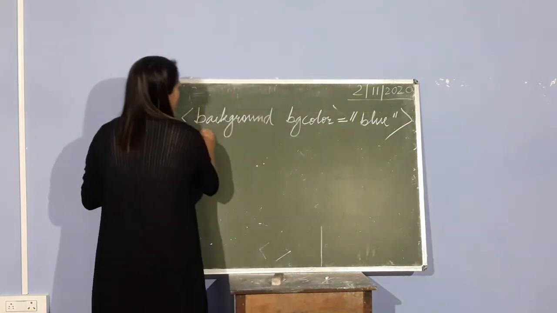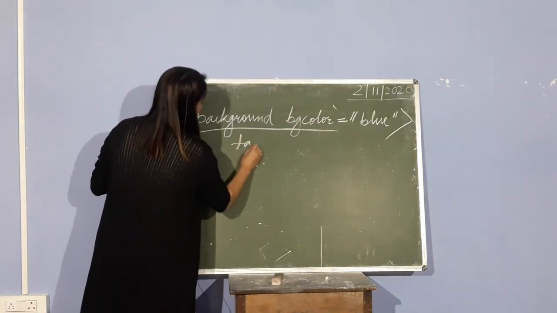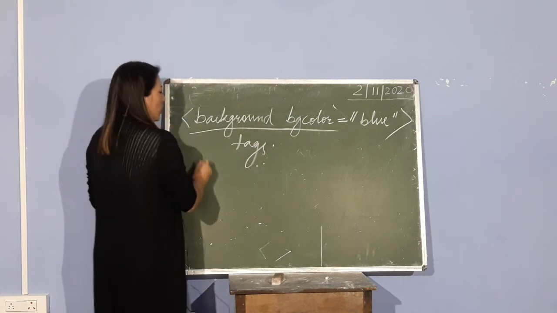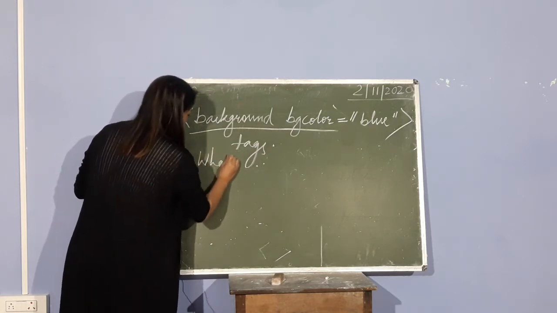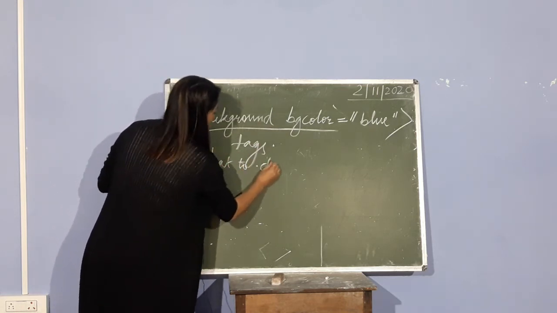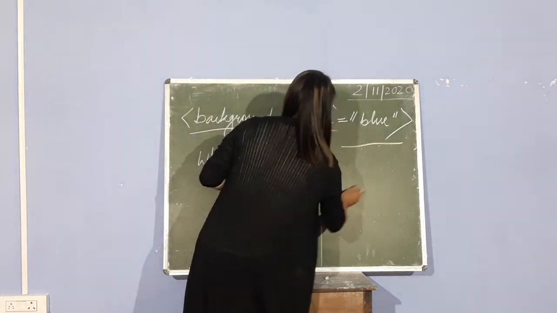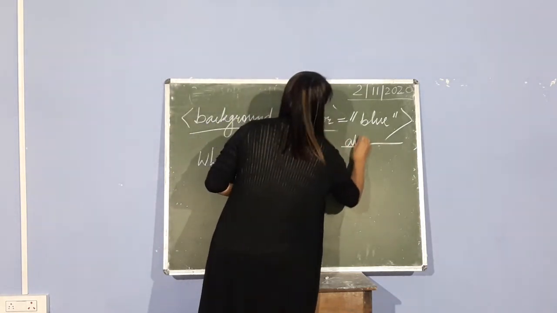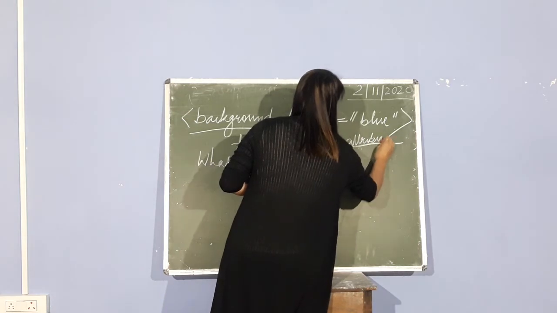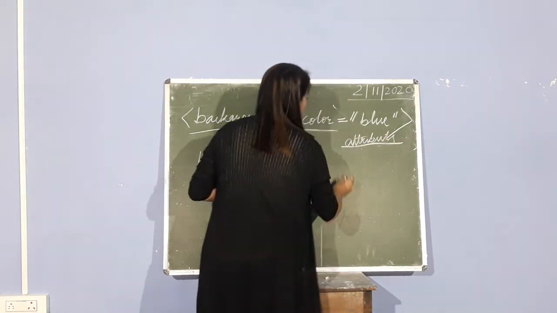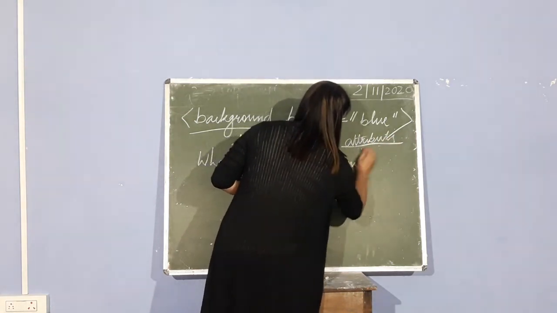So the tag tells the web page what to do, whereas your attributes tell your web page how to do it.